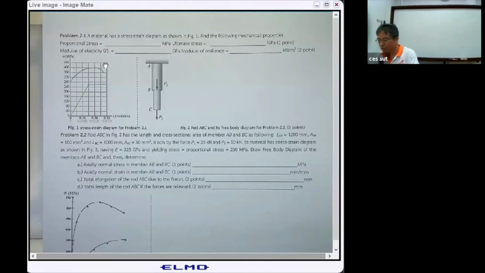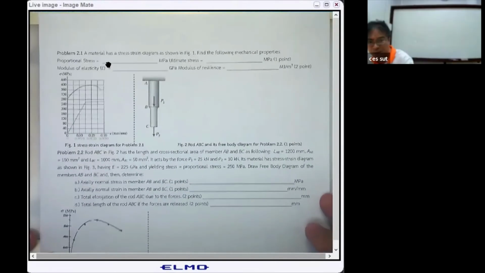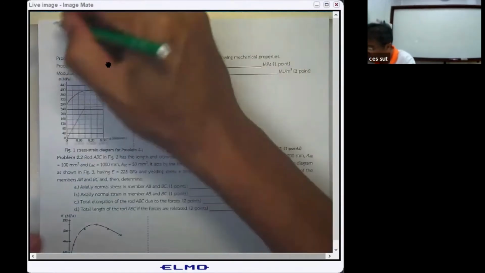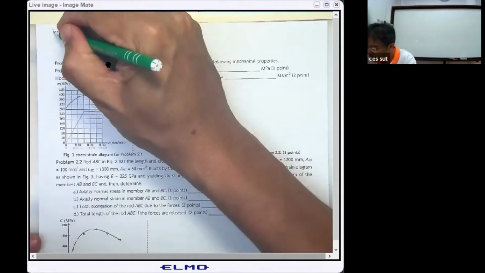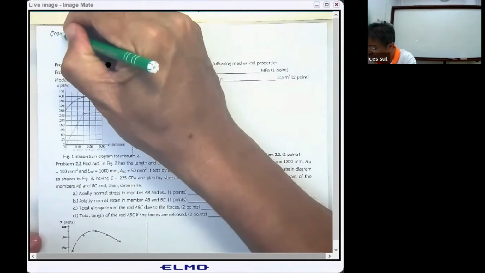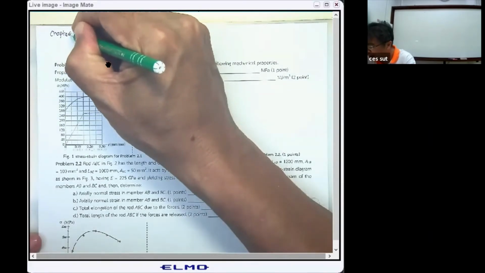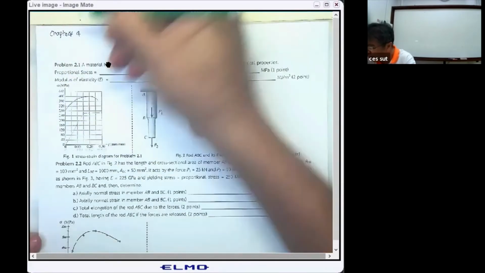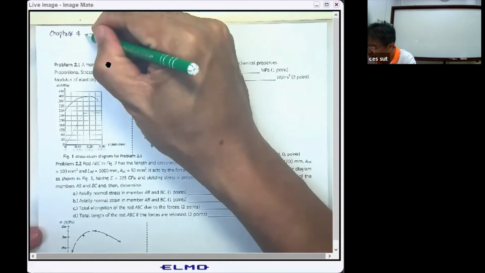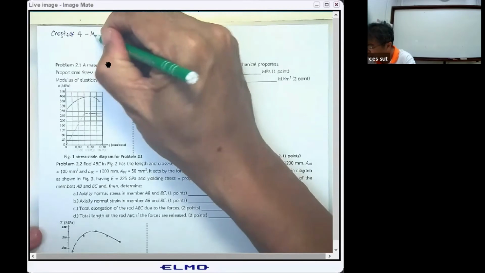Come to what we have on this problem. We are working on chapter number 4. For chapter number 4 of the material testing, we are talking about the mechanical property of the material.